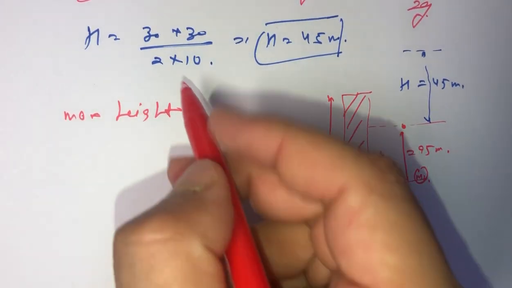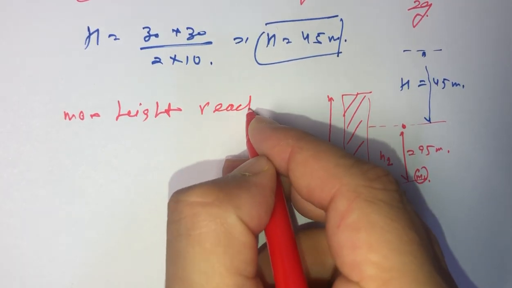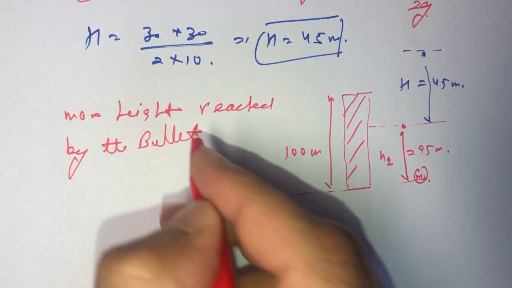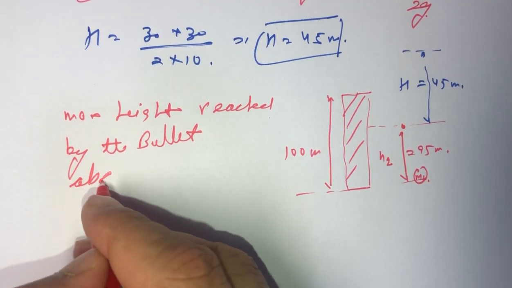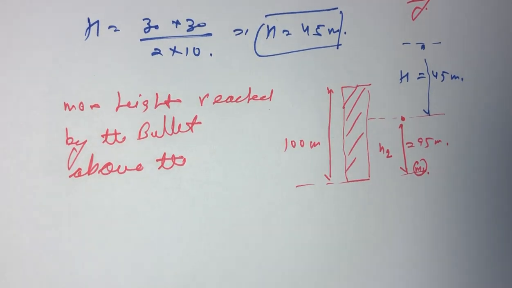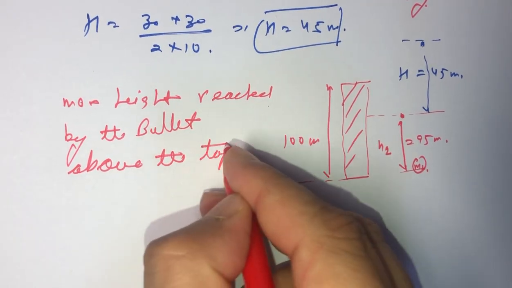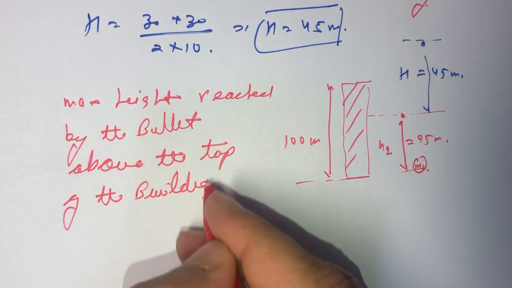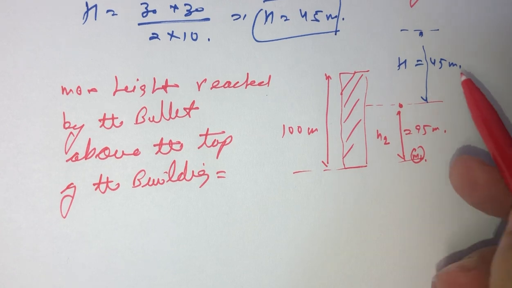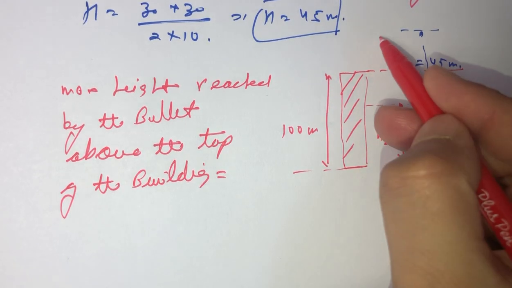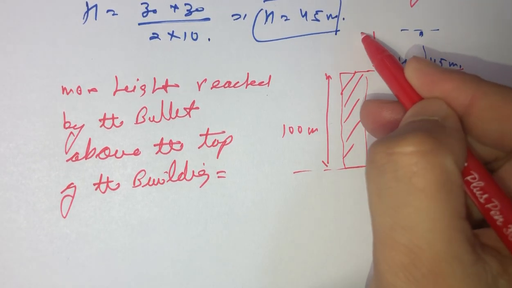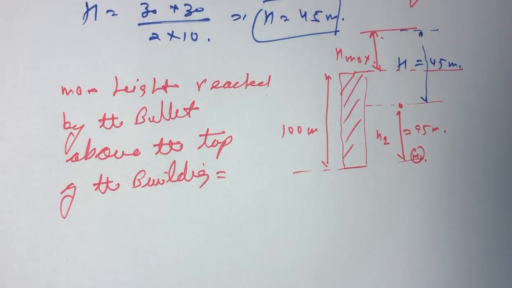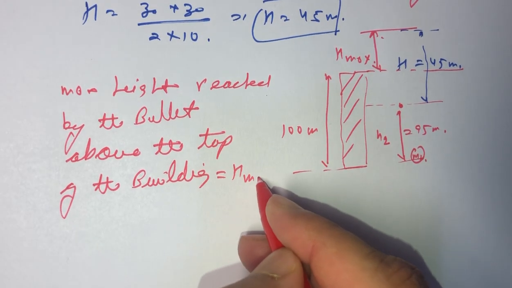And here is the maximum height reached by the bullet above the top of the building. Okay. So this is the top of the building, and we are supposed to find out this one. Let us call that as h max.